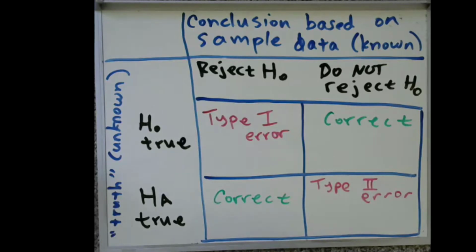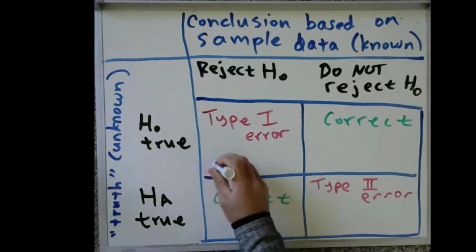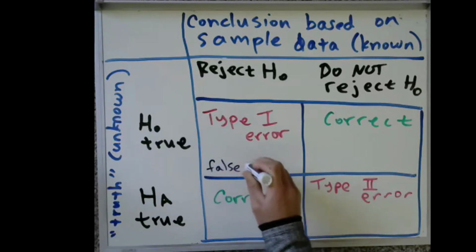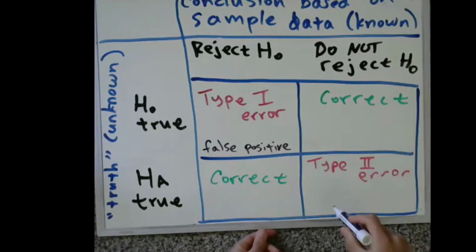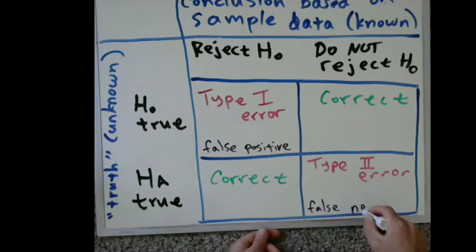A type 1 error is akin to making a false positive, because that would be saying when we reject the null hypothesis, we're saying that there's a difference. But if that difference was wrong, that is like a false positive. That's like saying that the disease is present, there's some change, but it's not there. Therefore, this other error is akin to making a false negative.